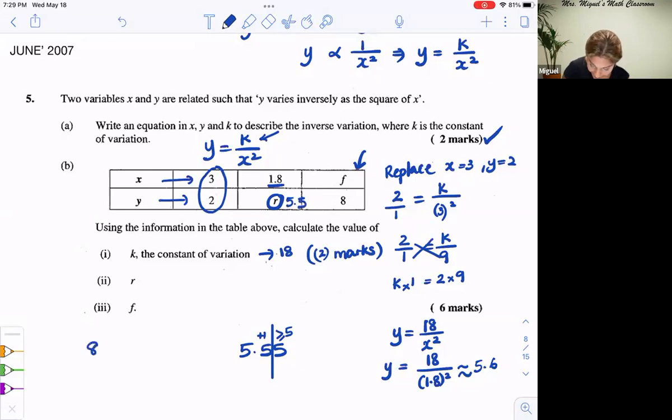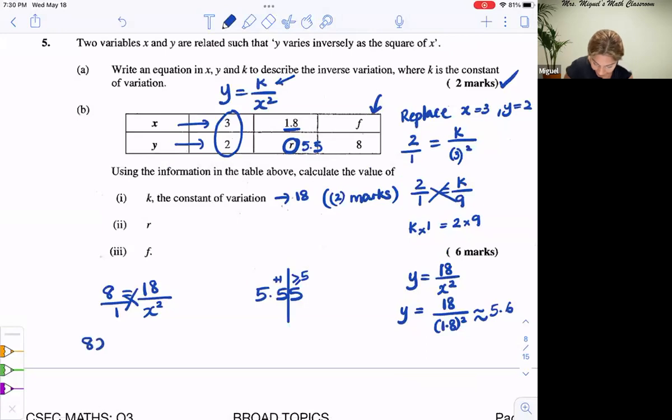Now 8 is equal to 18 over x squared. So we need to work out the value of x. So we cross multiply again. 8x squared is equal to 18. So divide both sides by 8 and take the square root.